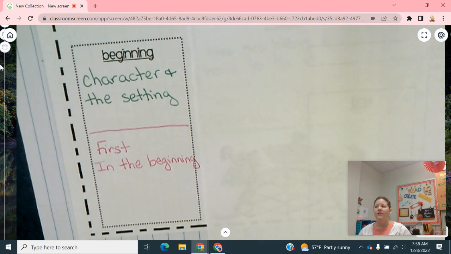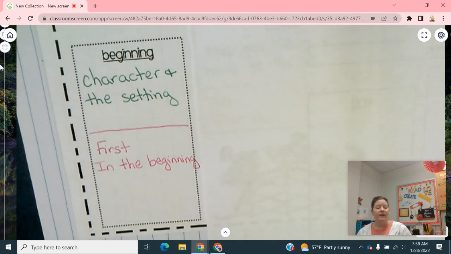So at the beginning of the movie or the beginning of a book, you're going to learn if it's winter, if it's summer, if it's night, if it's day, if it's something that happened a long, long time ago, or if it's something that's happening in the future, or if it's just something that's happening today.